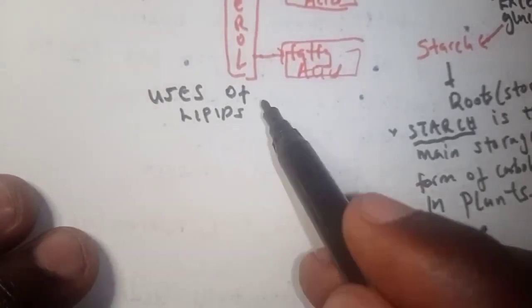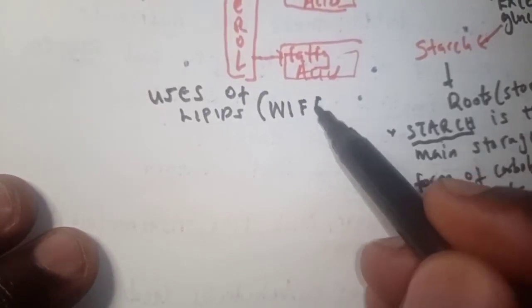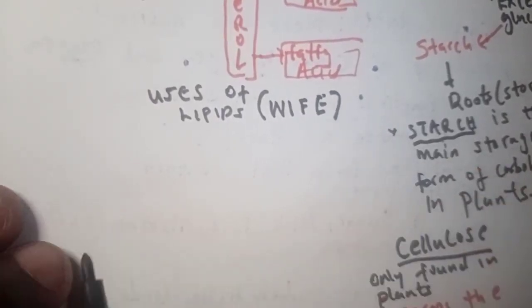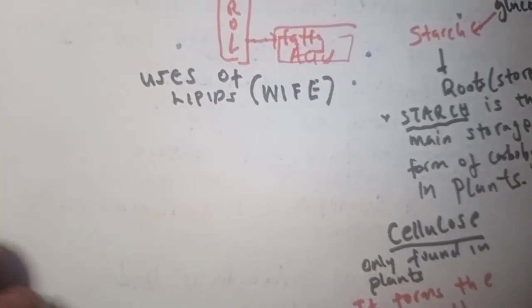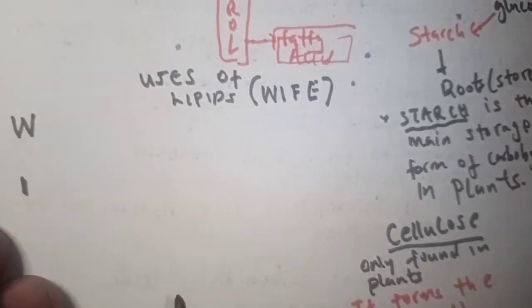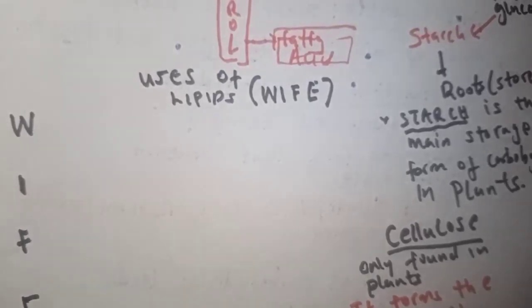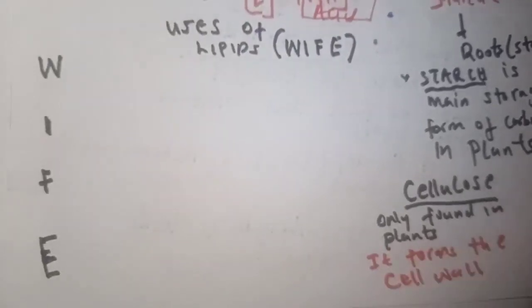We're just simply going to memorize the word WIFE. So the uses of lipids, WIFE, we're going to write it like this. So what do these words mean?